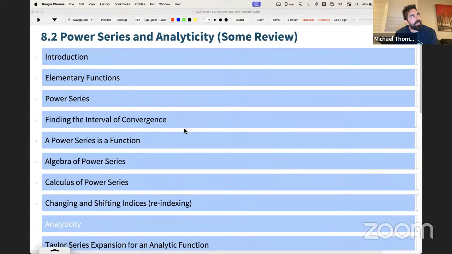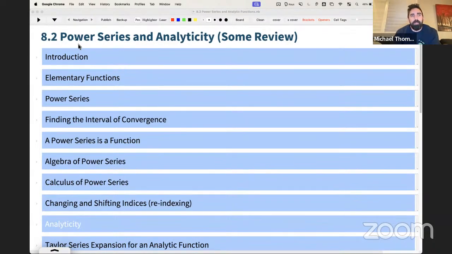One of them is the power series method, which will be our focus in 8.3 and 8.4. And the other one is the method of Frobenius, which handles some crazier differential equations. I'll talk about what I mean by crazier in a minute.